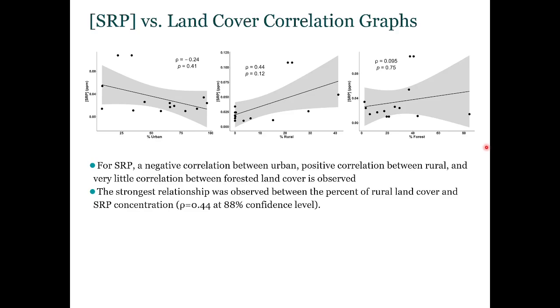The key takeaway here is that we have a negative correlation for urban, positive correlation for rural, no real correlation either way for forested, maybe a slight positive, where the most dominant, or you could say the strongest correlation represented by the R value in each of these figures is the rural. It is also the most statistically significant, represented by the p-value, where a p-value of 0.12, you can subtract that from 1 to get an 88% confidence level. So that's the big takeaway here.